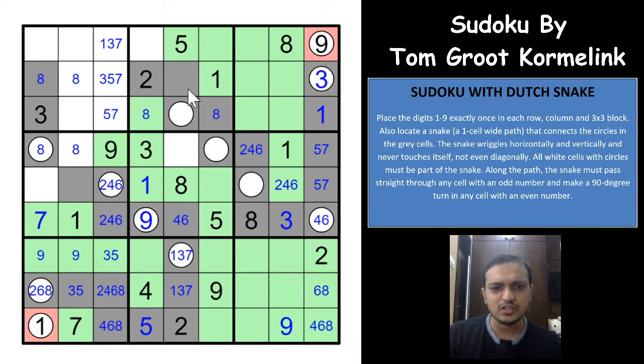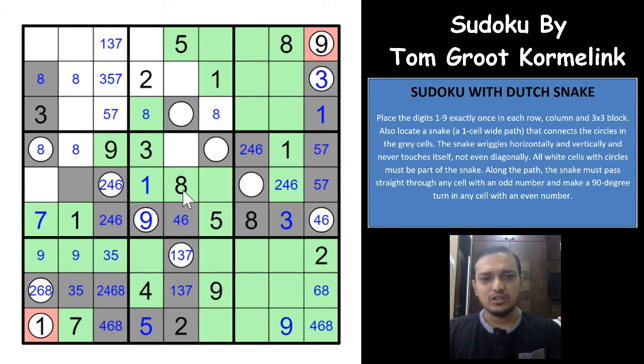So whatever be the case, you will have a turn here and here in one of these two cells. So you need 2 even digits here. 1, 3 even digit is here, 4th is here, and 5th is here, right? Not possible. So which means that this would have to be a snake cell, right? And okay, does that give us anything?